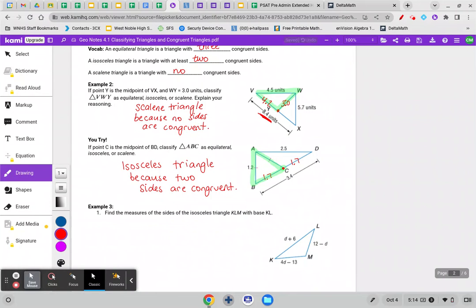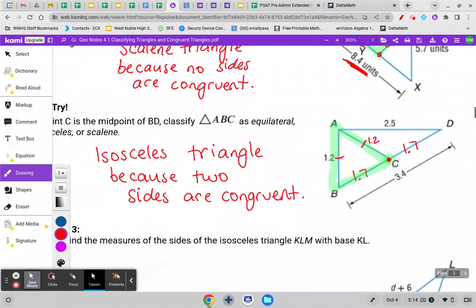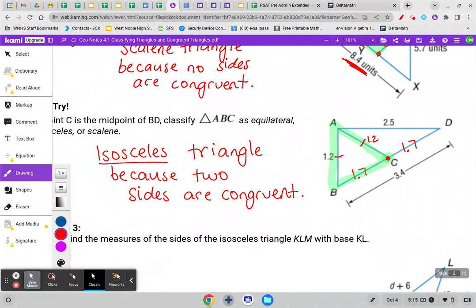You will notice that in our green triangle, we have these little hash marks. I hope you recall that means congruent. So the top right side is also 1.2. Because two sides are 1.2, we have an isosceles triangle, because two sides are congruent. Okay?